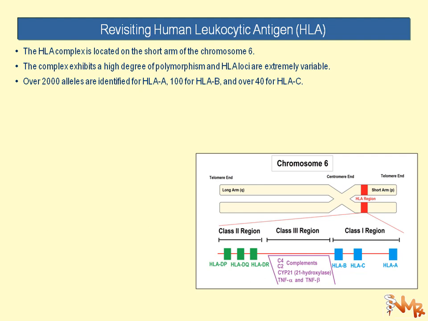So far, let's say up until the middle parts of 2016, over 2,000 alleles were identified for HLA-A, 100 or even more for HLA-B, and over 40 for HLA-C. Again, your exam doesn't care for these numbers. I want to alert you that the numbers are increasing as time goes on.